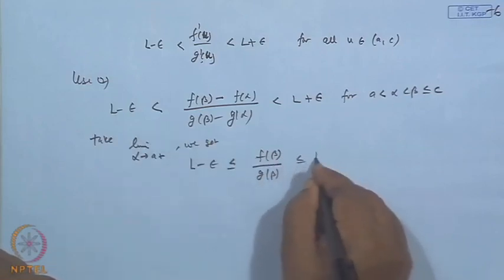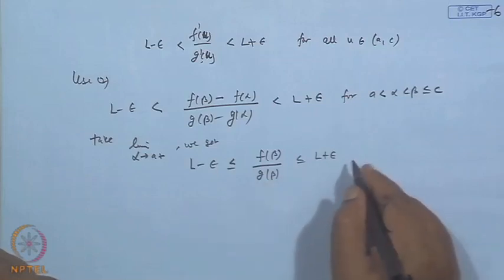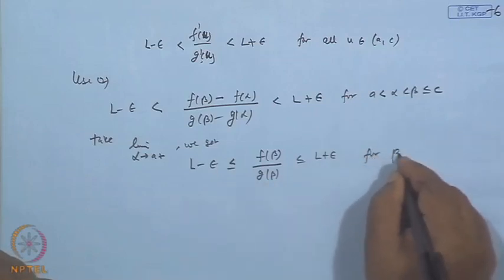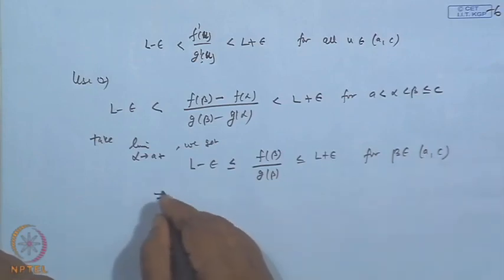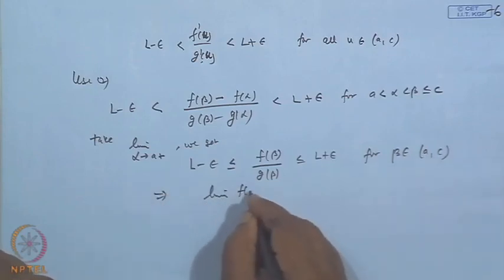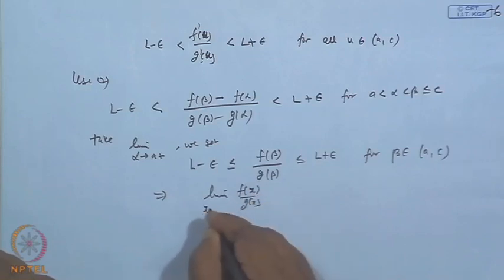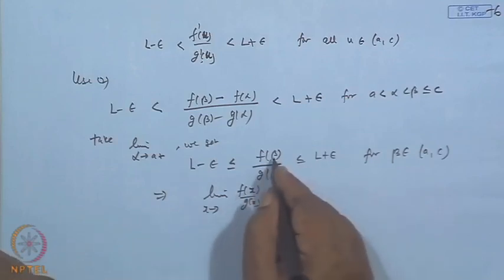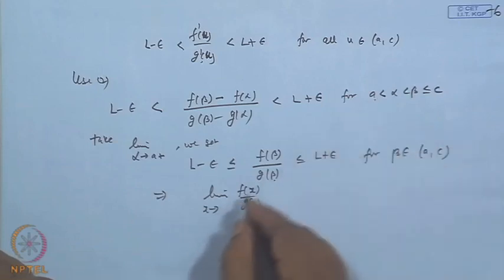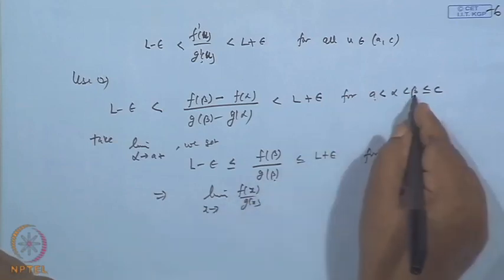So, this is less than or equal to L plus epsilon, and this is true for all beta belonging to the interval (a, c). Therefore, this shows the limit of f x by g x as x tends to a. So, when you take x in place of beta, I am taking x.